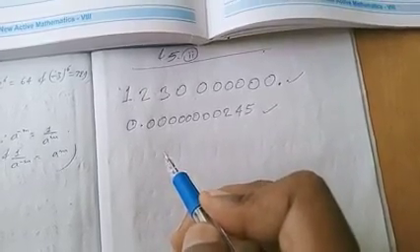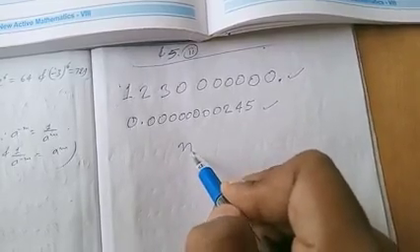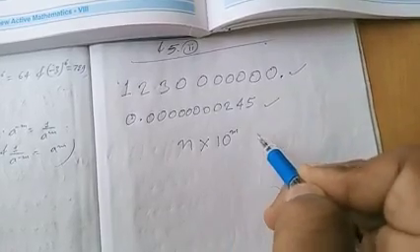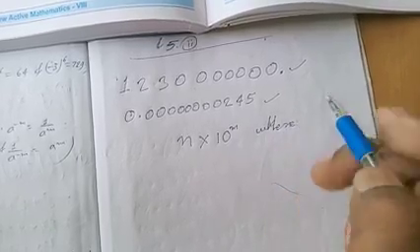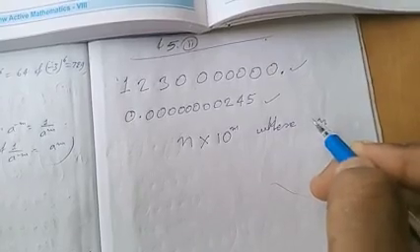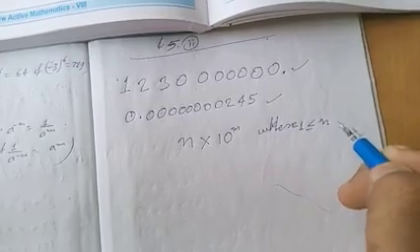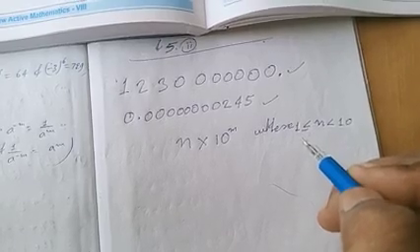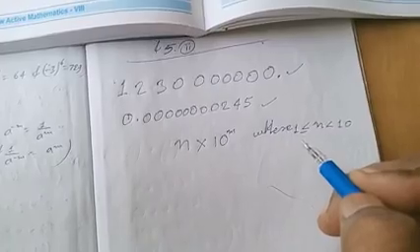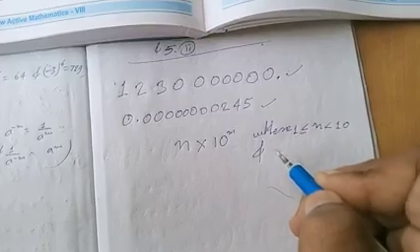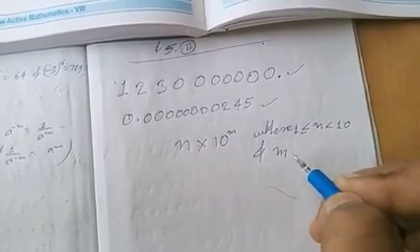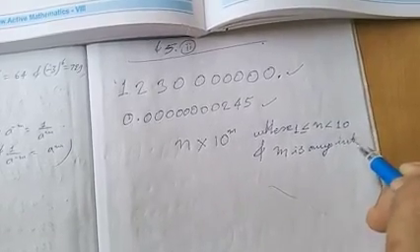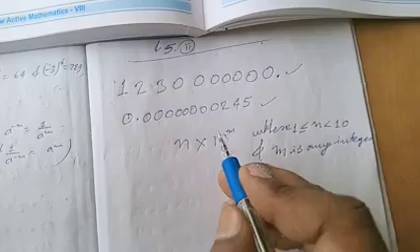Any number written in the form of n multiplied by 10 raised to the power m, where n is a number from 1 and less than 10, meaning n will be any number greater than or equal to 1 but less than 10, and m is any integer.